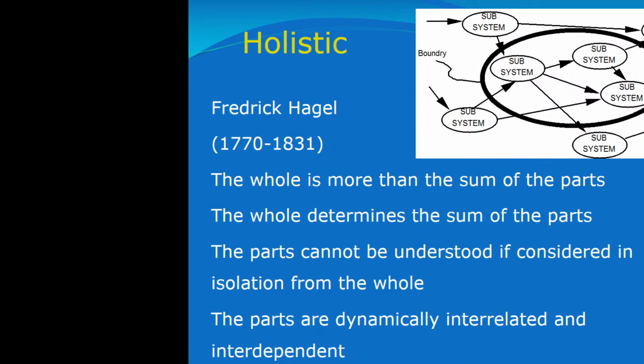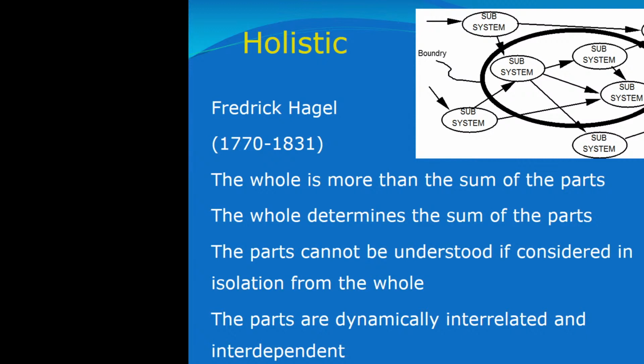Next feature of the system is holistic. This term was proposed by Frederick Hegel, and holistic means that the whole is more than the sum of the parts. At this slide you see that each system consists of subsystems and can be combined in one suprasystem or super system.